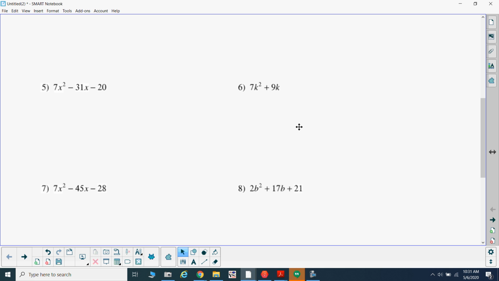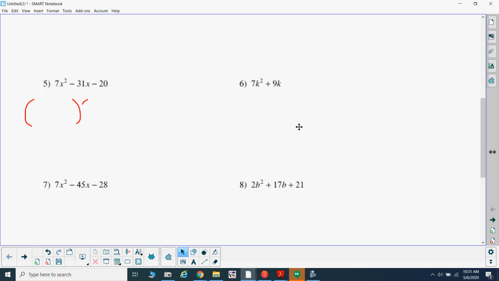Since 7 only has the factors 7 and 1, I still know that it's got to be a 7x and a 1x. The easiest thing is if you can decide which factor set will be for the 7x squared or for the negative 20. And then I have to start thinking of factors of negative 20 that add up to be negative 31.